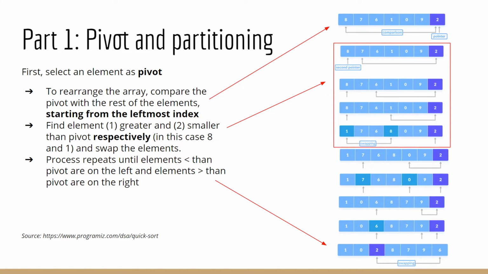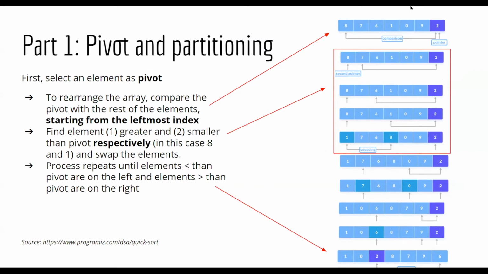Once you've determined these values, you simply switch the positions, and you repeat this process and rearrange the numbers such that the values on the left are smaller than the pivot and the values on the right are bigger than the pivot. So in the last array, as you can see, 1 and 0, although not in order, are smaller than 2, and vice versa. And if you also notice, 2 is already in its correct sorted position. That's an indication that you're doing the sorting correctly. So you can go next.